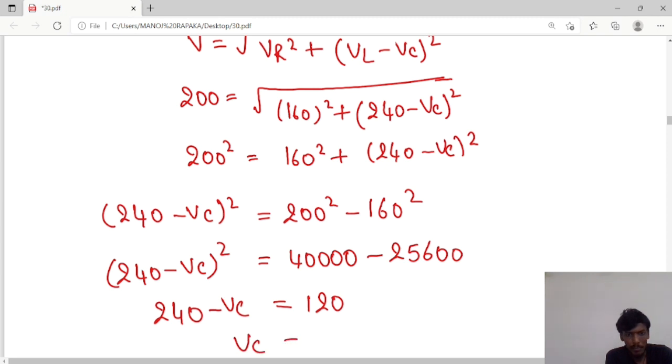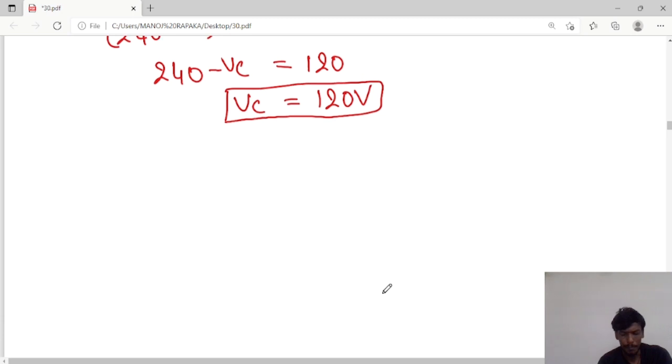So the VC value will be 120 volts, the voltage across the capacitor.